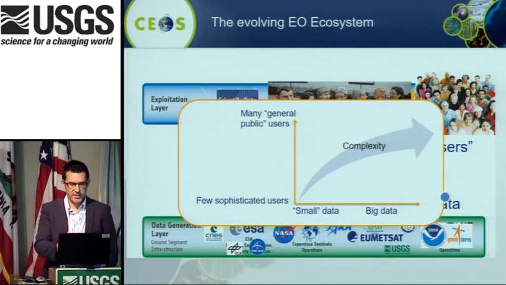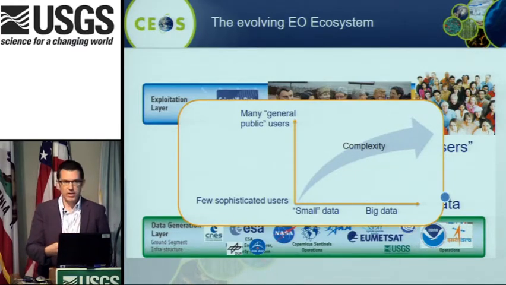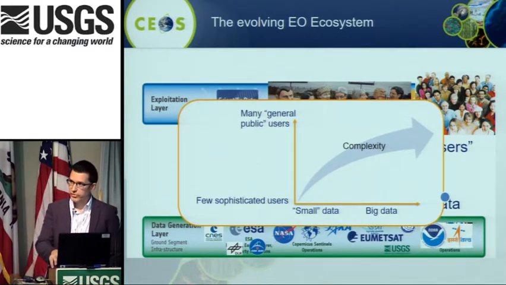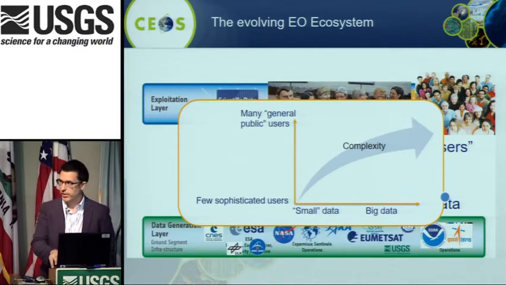So this is the situation that we're looking to address with analysis-ready data, because the complexity is increasing and we're having a potential disconnect here. So we've got to simplify the products in order that those large number of users can actually exploit the data.